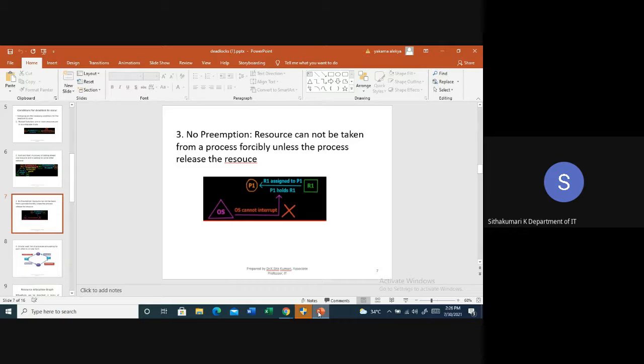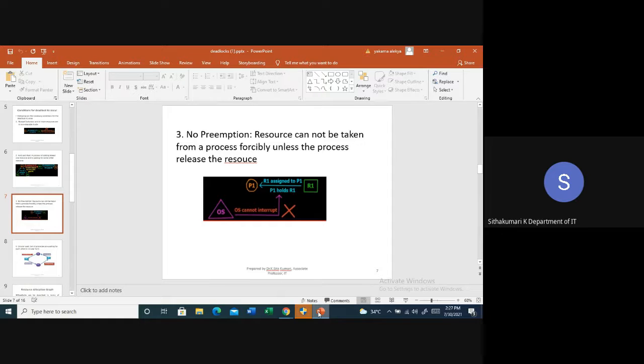The third condition is no preemption. Resources cannot be taken forcibly from a process unless the process releases the resource. The process has to release the resource voluntarily. Otherwise, we cannot take the resource forcibly from any process. So here, resource R1 is assigned to P1.